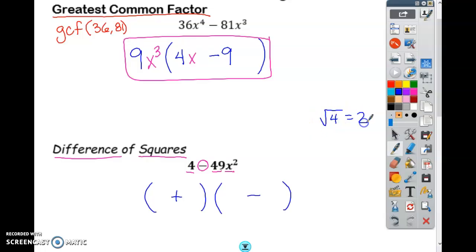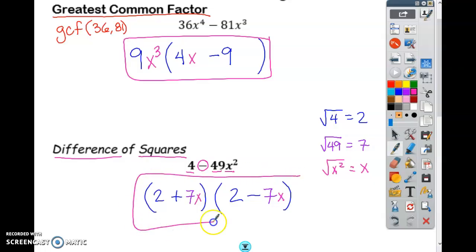It's 2. So in the front, I'm going to have 2 and 2. What's the square root of 49? 7. So in the back, I'm going to have 7 and 7. And then what's the square root of x squared? Just x. So this becomes just x and x. This is my answer.